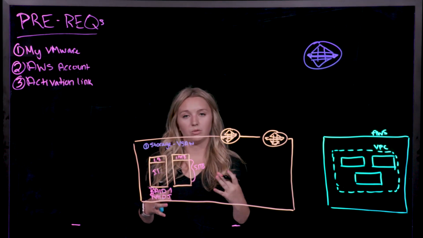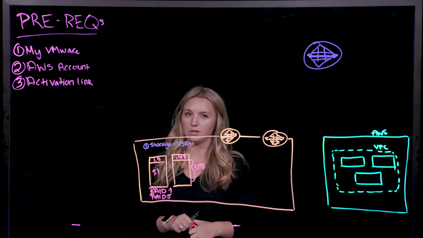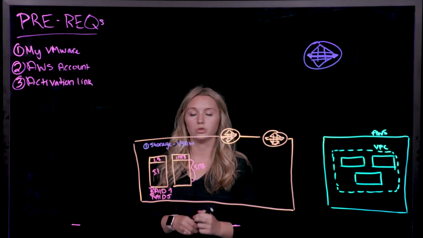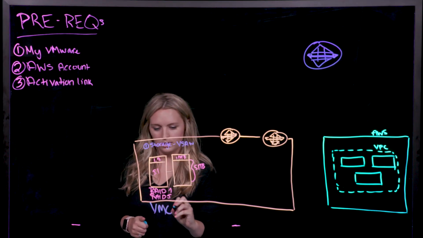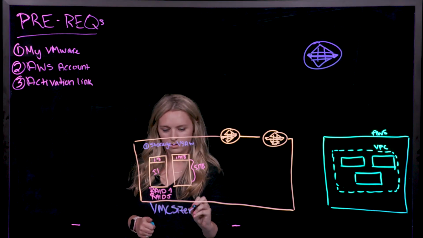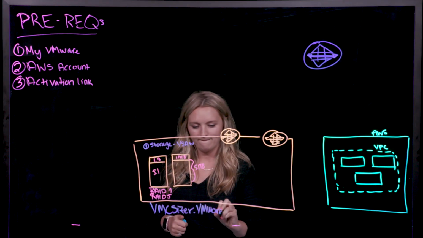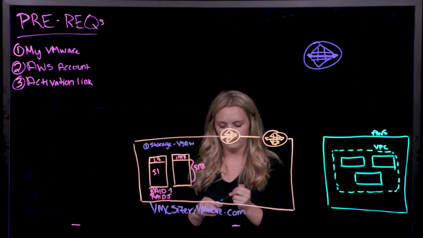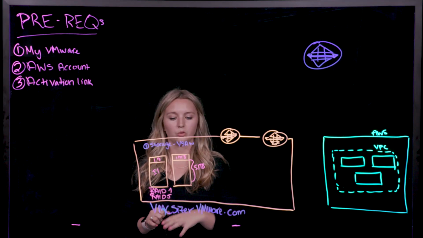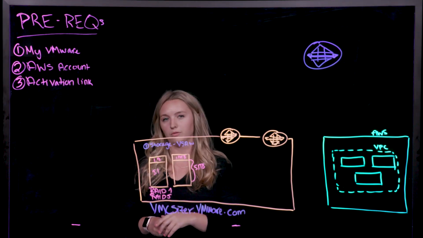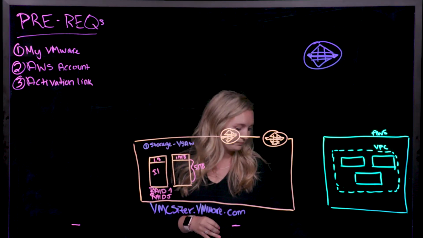You also have different RAID configurations if you decide to change the node count, and if you're not sure based on your workload which RAID configuration you should use, you can go to vmsizer.vmware.com. And again, that will tell you, based on your workloads and a few questions, which RAID configuration you should choose for your specific workload or VMware Cloud environment.